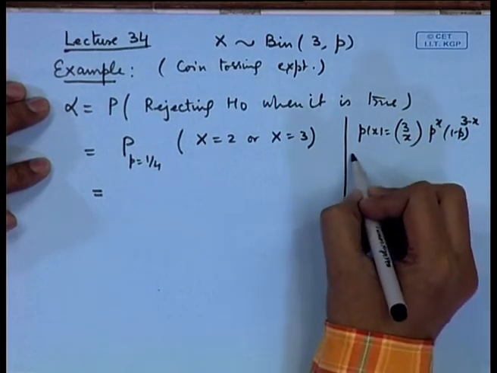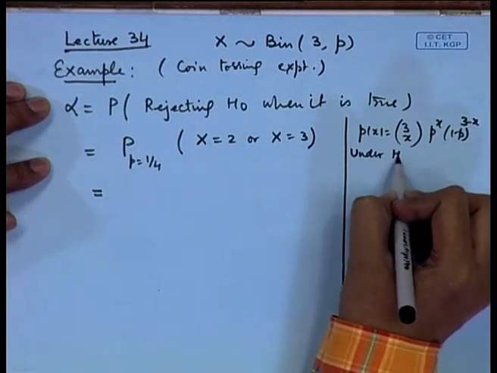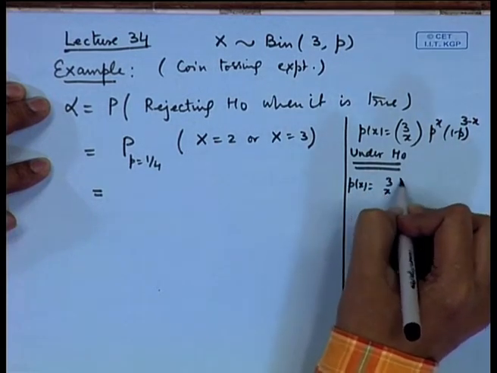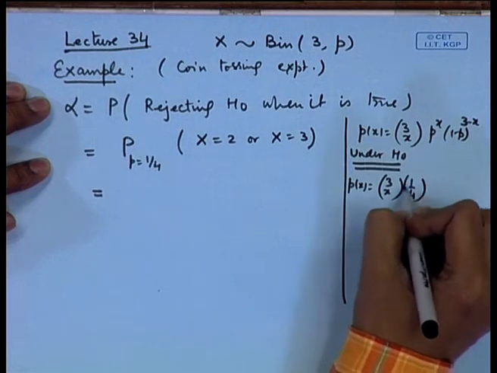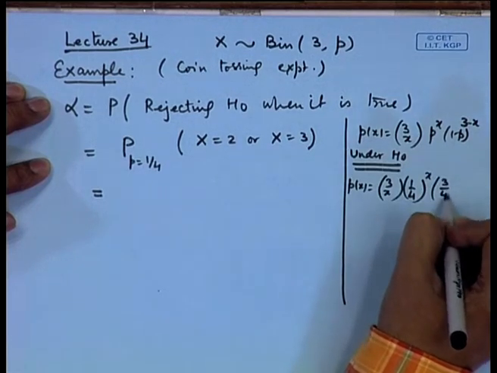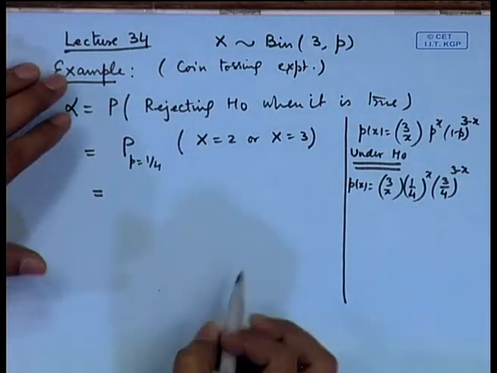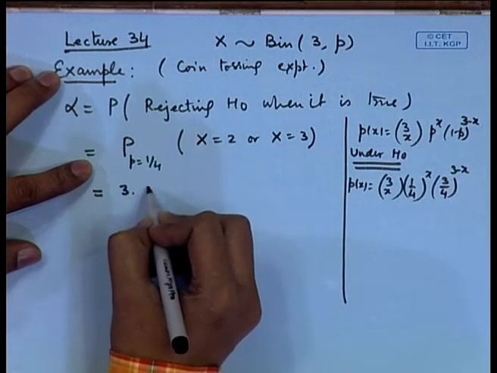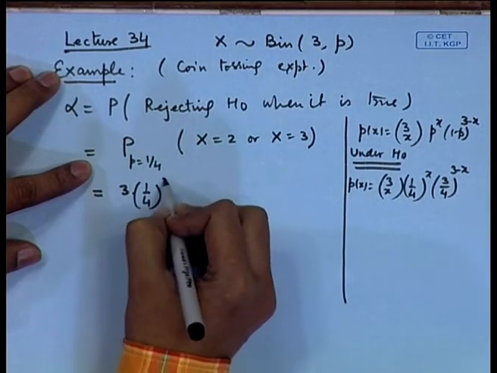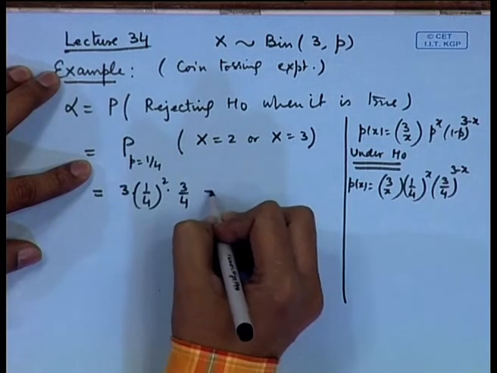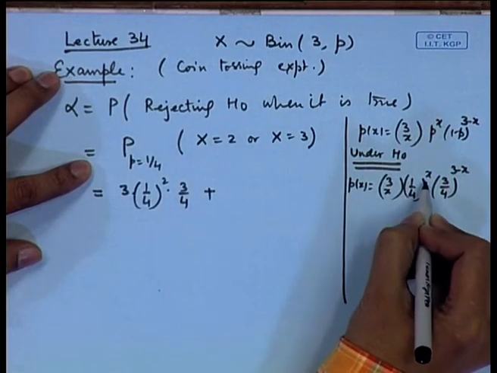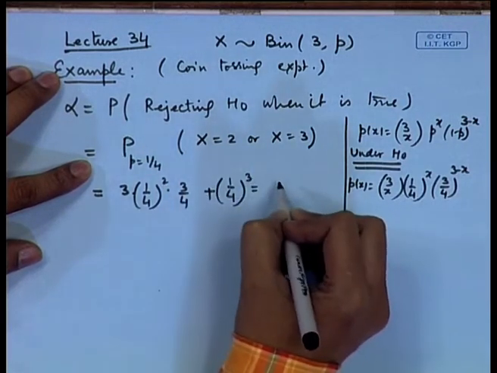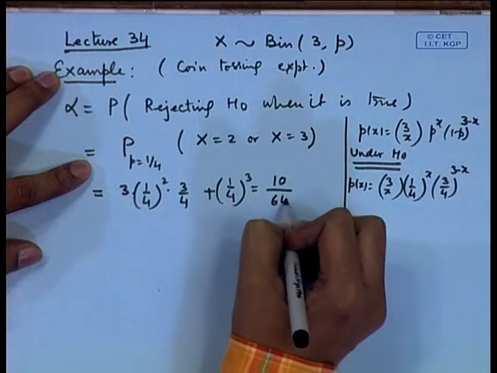Now, under H naught this p x function will be equal to 3 c x, 1 by 4 to the power x, 3 by 4 to the power 3 minus x. So, when I substitute x is equal to 2 here, I get 3 into 1 by 4 square into 3 by 4, plus, when I put x equal to 3 here, this is simply reducing to 1 by 4 cube. So, that is equal to 10 by 64.